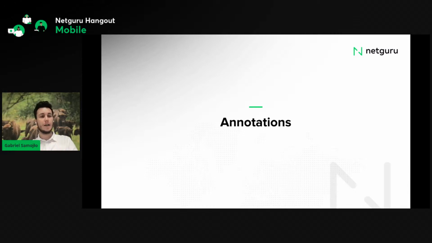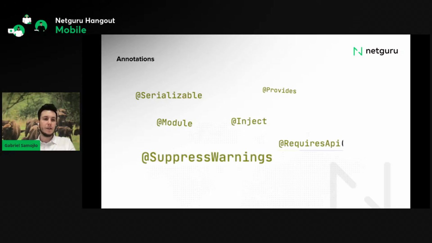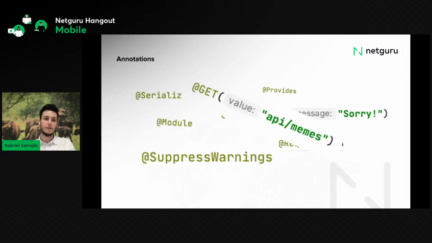And I won't believe you once again if you say you never used them before, because there are really many of them, like Serializable, like Module, which indicates that this module will be maintained by Dagger, or Provides, which tells what exactly the method will do. Inject, RequiresApi, SuppressWarnings, Deprecated, or GET from Retrofit. I bet you know almost all of them, right? Because annotation is something so common that you see them almost everywhere.